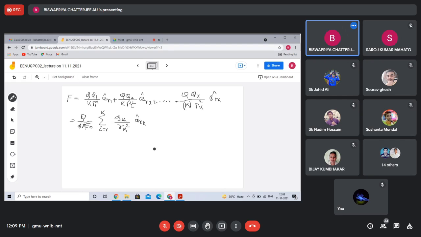So this is the compact form, that is the force on charge q due to k number of charges. Any doubt? So it's a matter of superposition principle. You apply the superposition principle and you get the total response. Okay, is it clear?